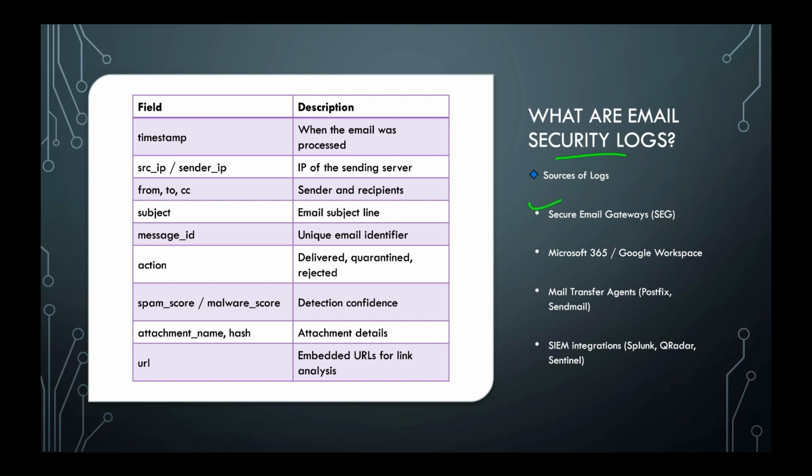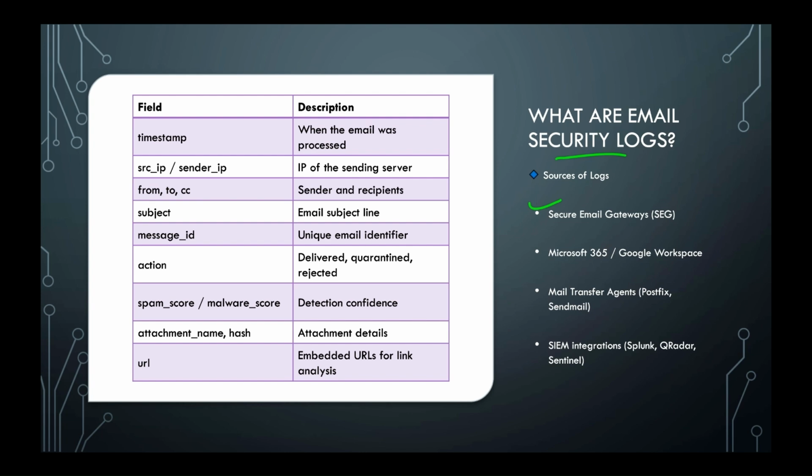They show things like who sent it, who received it, what the subject was, what action was taken, and whether it was delivered, blocked, or quarantined. They even include extra details like spam score, attachment name, and suspicious URL. Basically, these logs are your black box for email incidents. If something goes wrong, this is where you find the clue.